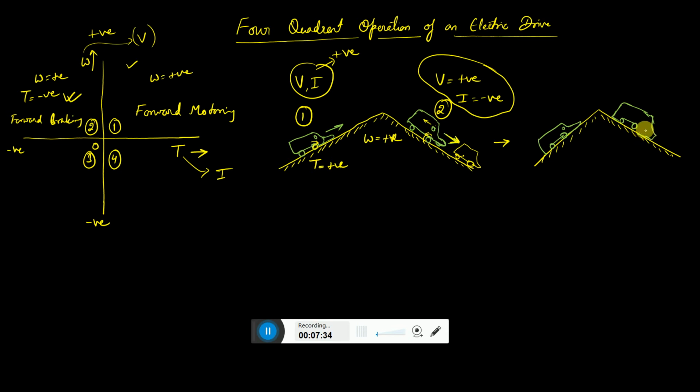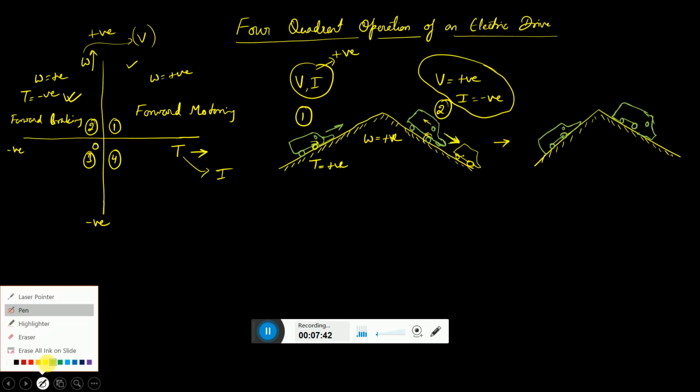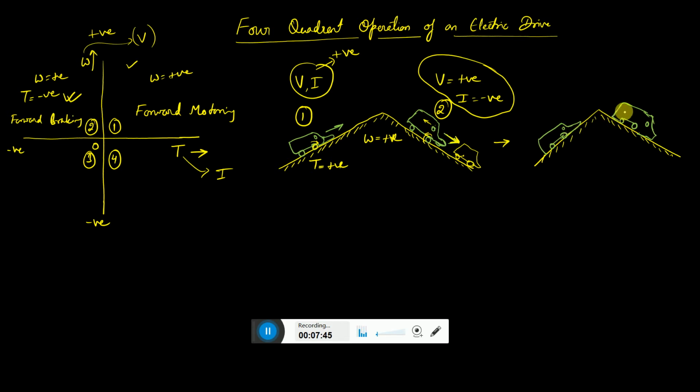But the thing is that you are not driving forward, rather you are driving now in the reverse direction. You are using your reverse gear, or you are trying to drive in reverse like this.